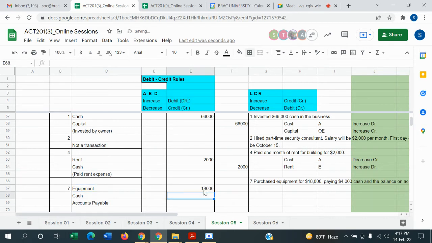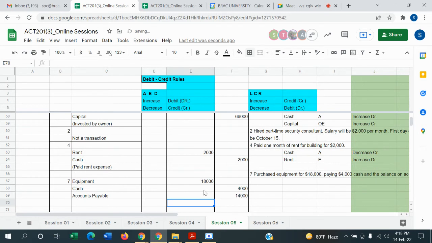Cash you paid, asset decreased. How much cash was paid? 4,000. And the remaining amount was not paid yet. How much is it? 14,000. So our journal will be equipment debit 18,000, cash credit 4,000, accounts payable credit 14,000.